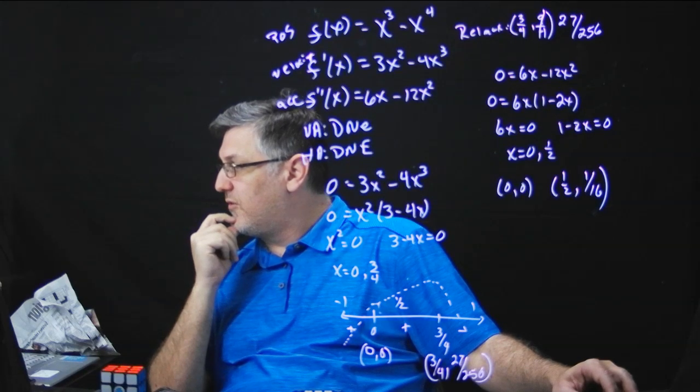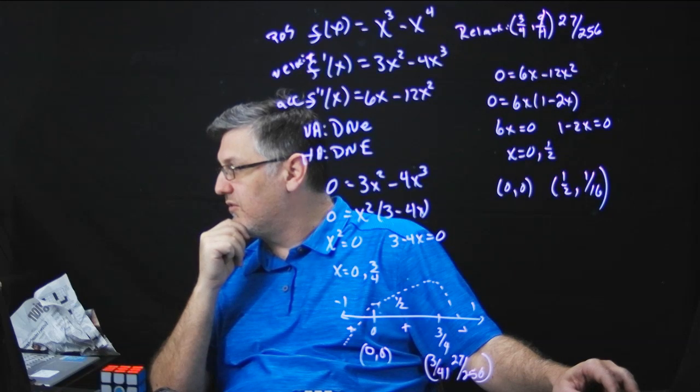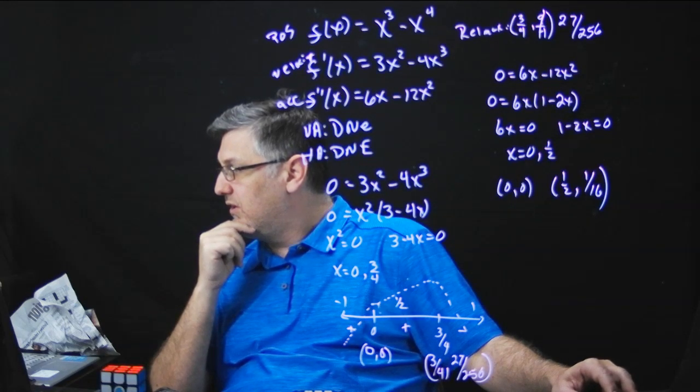Suppose f of x is a function, x naught is a stationary point. If the second derivative at x naught is greater than 0, f has a local minimum; if it's less than 0, a local maximum.